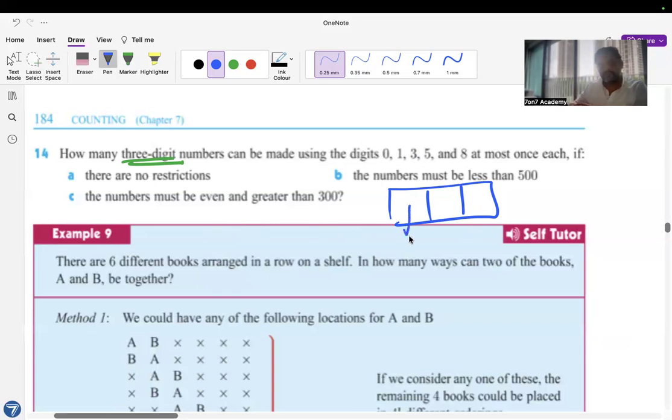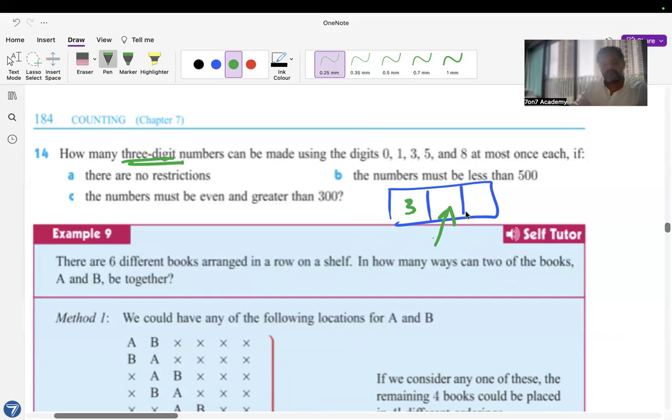With this place, first you fill it: it will be 3, 5, 8. 3 ways, the remaining 4 ways, anything, and then the other one is 3 ways. But it can't be 8 and 8, right? It has to be even also. So you first put the constraint here, any 3. This is a good question now. If you get 3 here, then this can be filled in how many different ways?